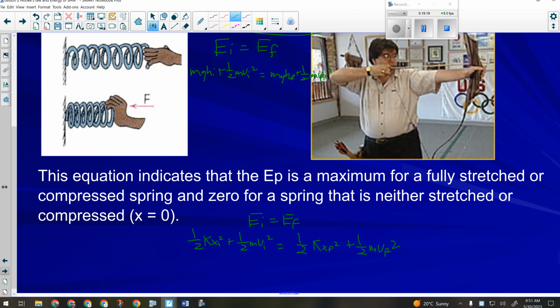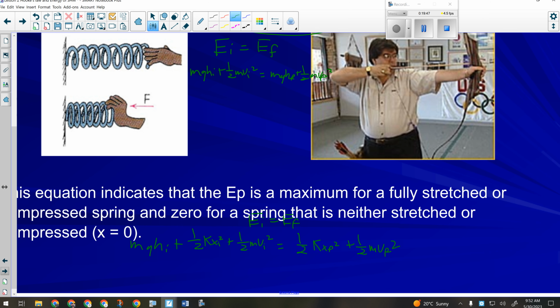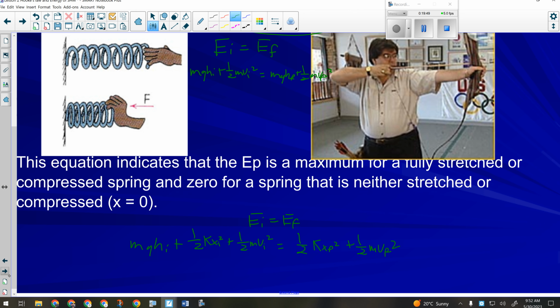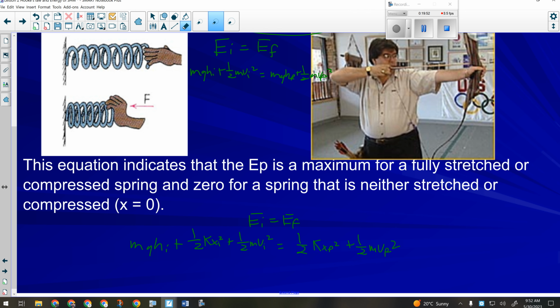Back when we used to have the IB program here for physics, we would actually get into situations where an object could have all three: gravitational potential energy, elastic potential energy, and kinetic energy. And it really doesn't make it any harder. You just have that on that side as well, and you have that on the other side as well. We don't have to do that in regular physics 20, so that saves us a bit of bother.